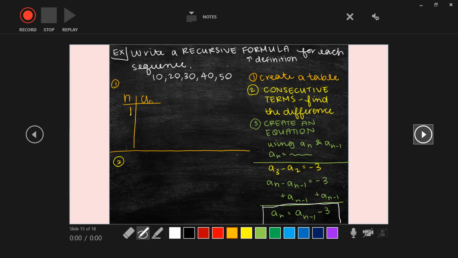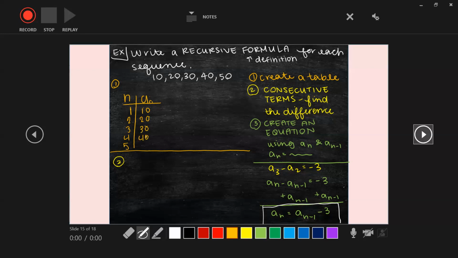So let's write out our terms. You fit it in there. So our a sub 1 is going to be 10. A sub 2 is 20. A sub 3 is 30.